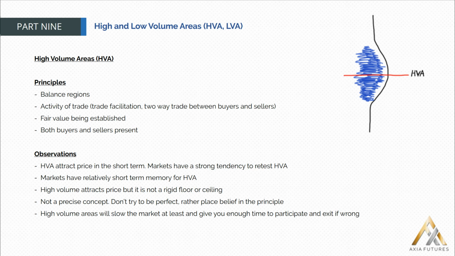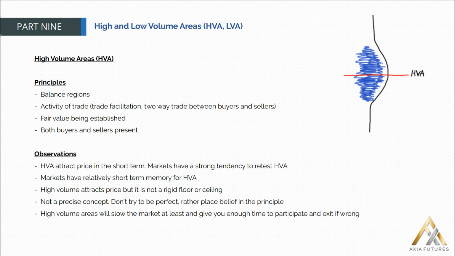And lastly, high volume areas will slow the market at least and give you enough time to participate and exit if wrong. So what do I mean by that? It's very simple. When a market does tend to come back to a previous high value area, it does tend to slow trade up a little bit. We do tend to find that because strategies that are developed tend to trade back towards these high value areas, once previous value is being accepted again, we tend to see a little bit of profit taking and two-way trade.